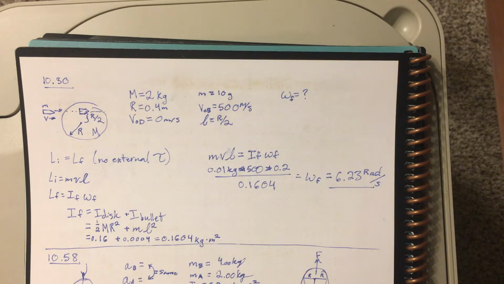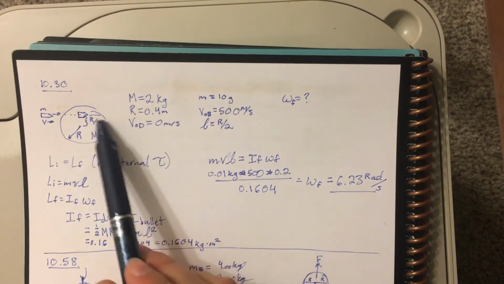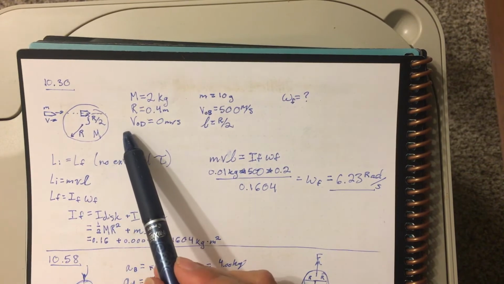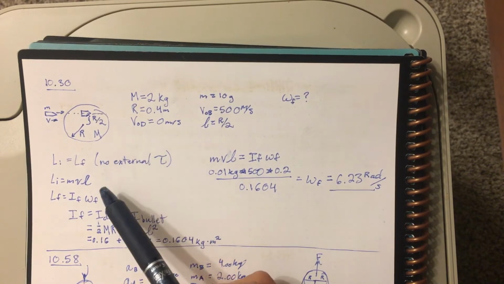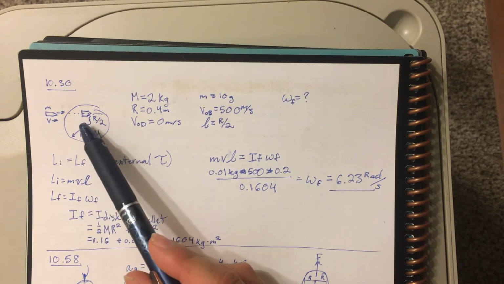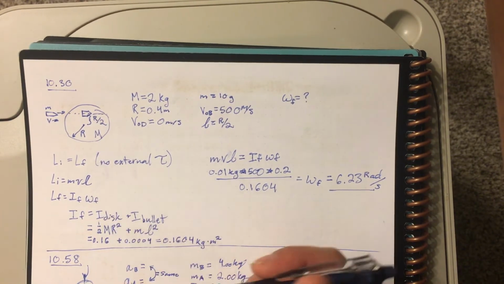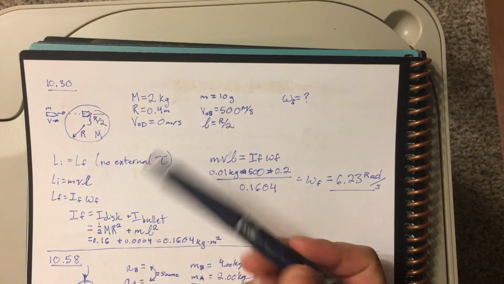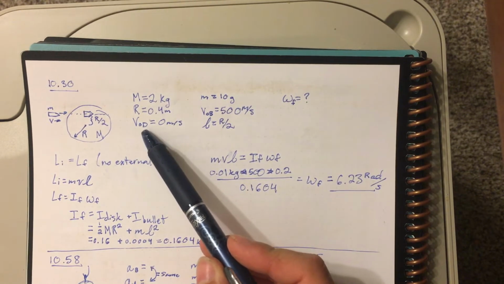And the question is, a uniform 2 kilogram solid disk of radius r equals 0.4 meters, so this is the solid disk here, is free to rotate on a frictionless horizontal axis through the center. The disk is initially at rest, which means the velocity of the disk initial is 0.